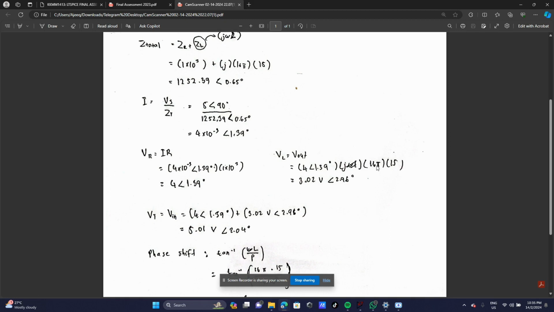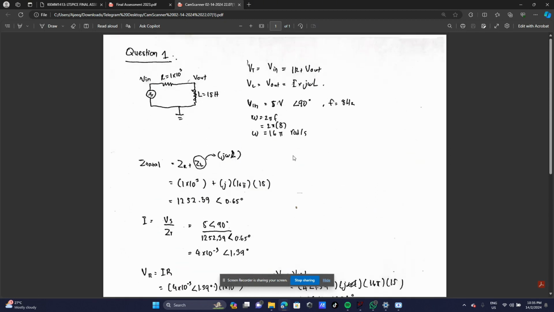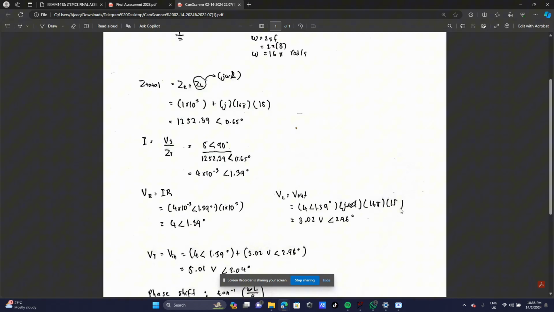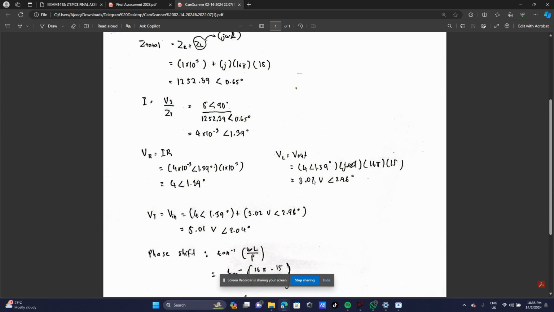So which is 16π on the omega, and L is 15 henry, sorry. And then we will get 3.02 volt at the angle of 2.96. I didn't write the volt over here on this one.